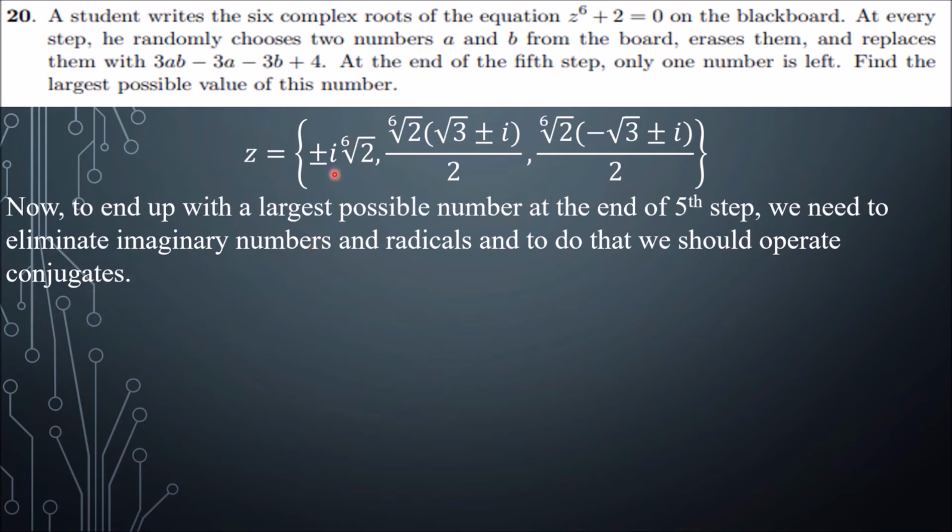Conjugates just like this one, positive and negative of this, then positive or negative of that, to remove the radicals and the imaginary numbers. Now let's have this 3ab minus 3a minus 3b plus 4. We will simplify this to 3ab minus 3 times a plus b plus 4.